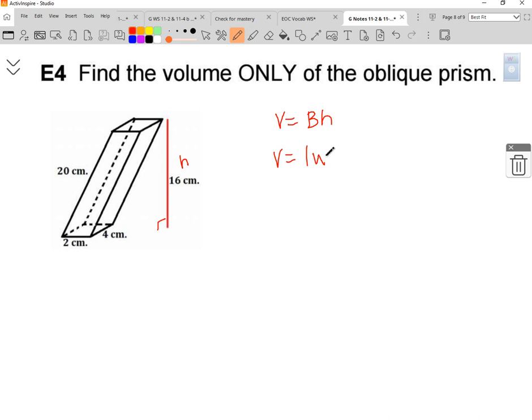So length times width times height. 2 times 4, the height of the prism is 16. I think it's 128. 128 cubic centimeters. Any questions?